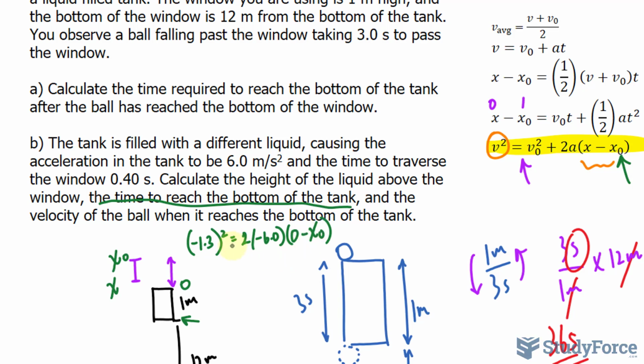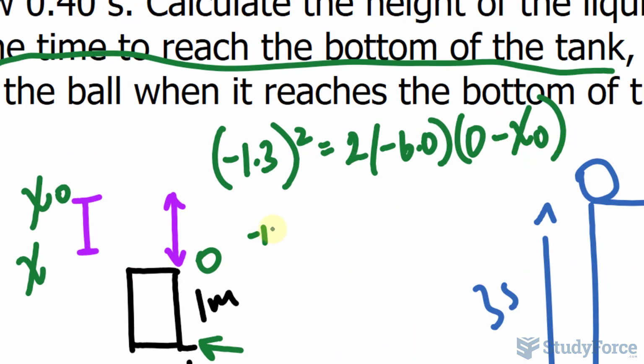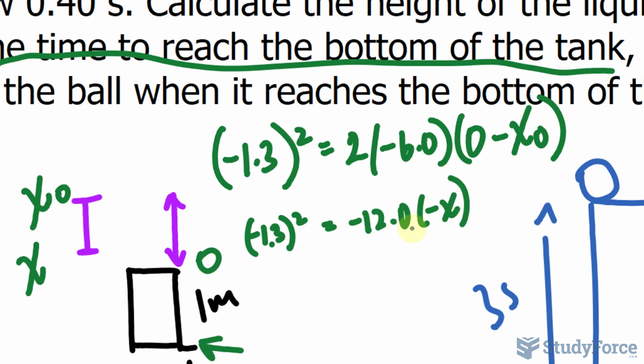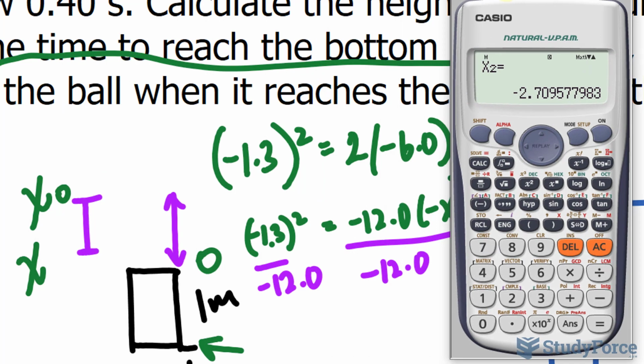Let's solve for that. -1.3 raised to the power of 2. Multiply these two out, gives us -12. So I have -12.0 times -x sub 0. Divide both sides by -12, and we should end up with the distance.